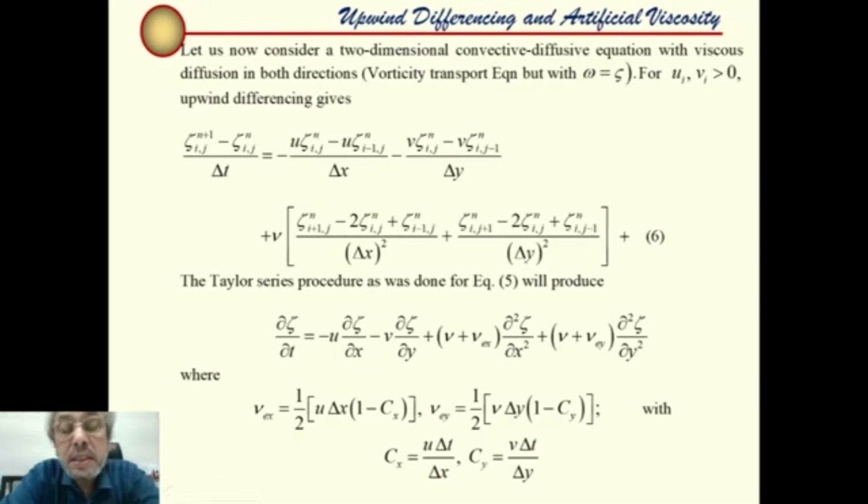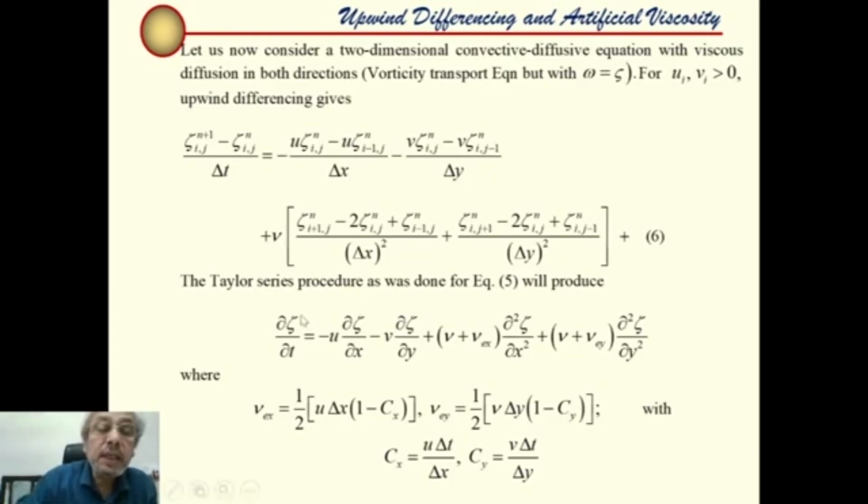And just the way we did in the last example, we write the partial differential equation, substitute the finite difference quotients by these terms, bring in the truncated terms and reconstruct the equation.